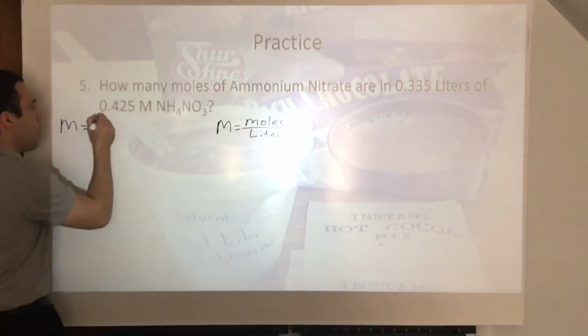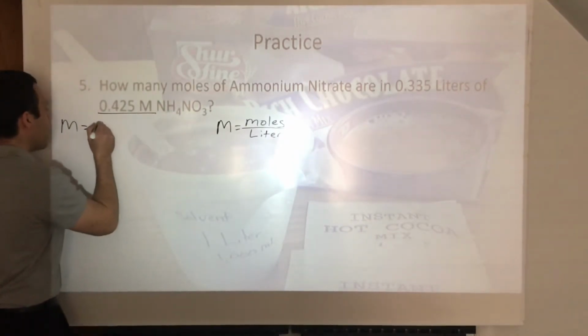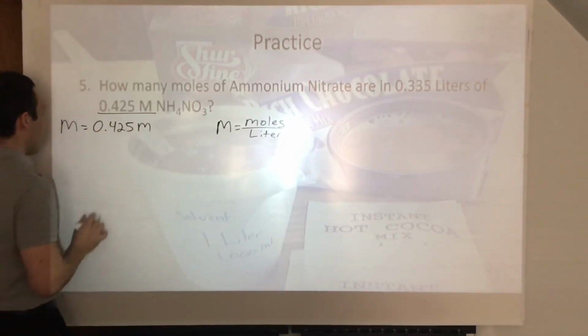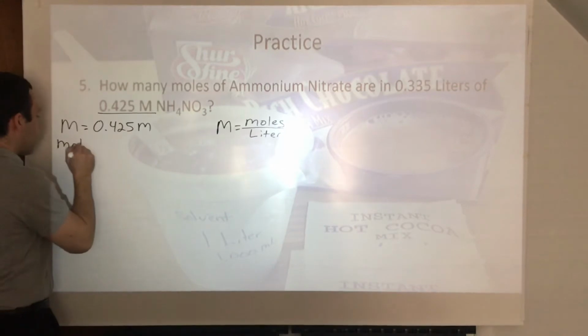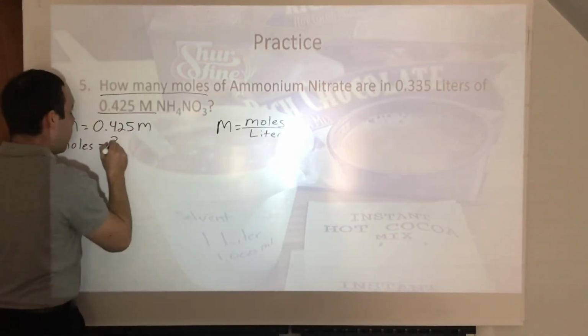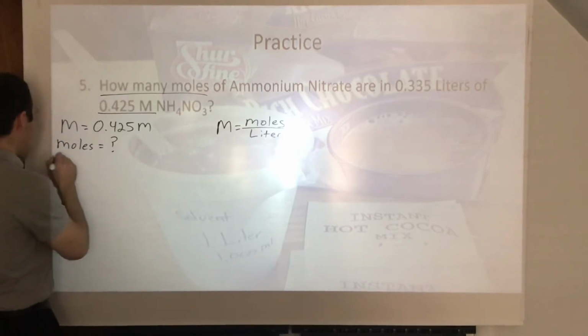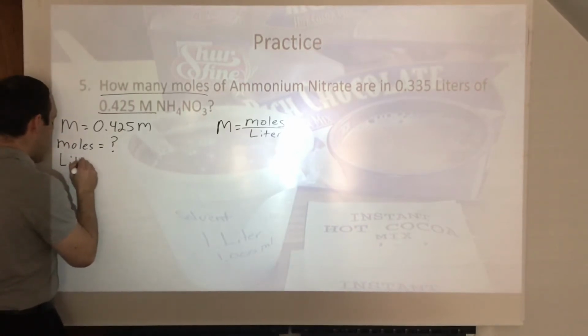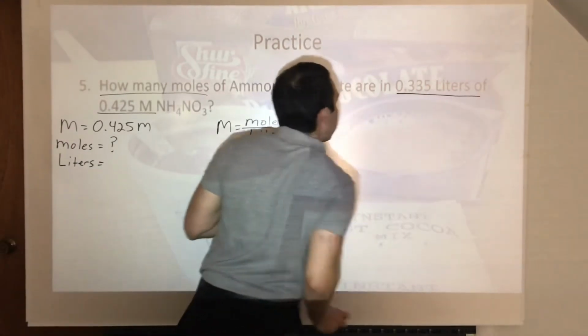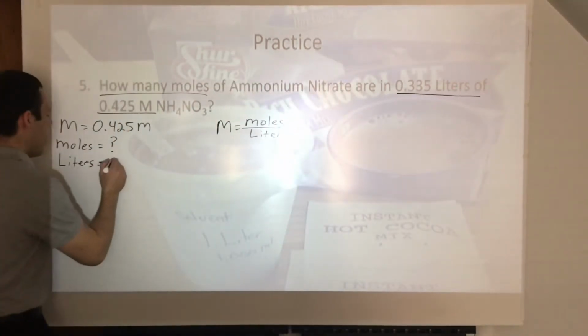The second thing we do is we write down all of our known and unknown values. Molarity, we do know. The concentration is 0.425 molar. The number of moles is what we're trying to find, so we put a question mark there. And we do know the number of liters to be 0.335 liters.